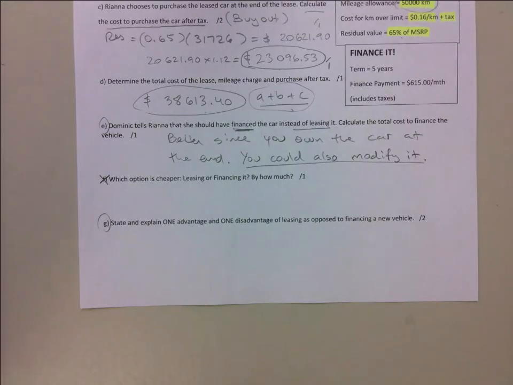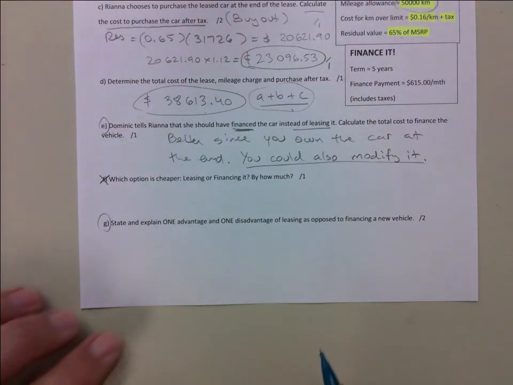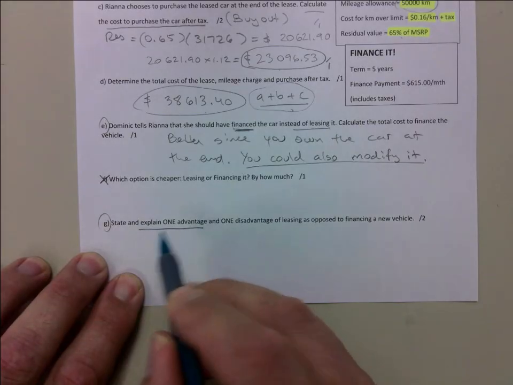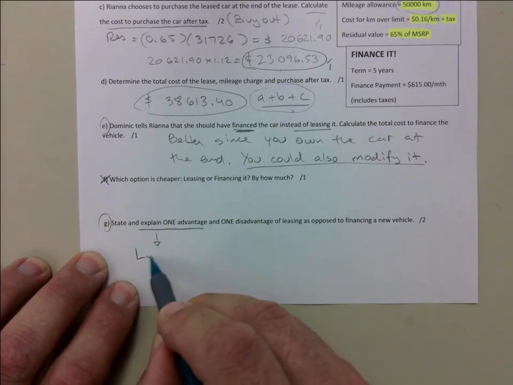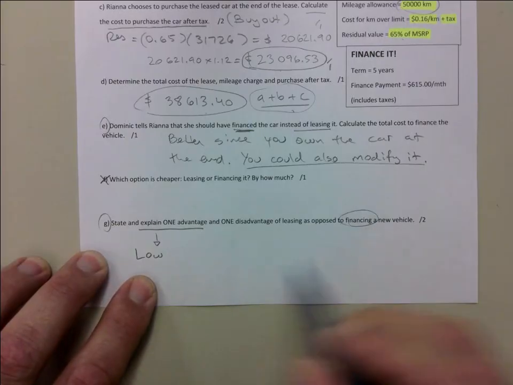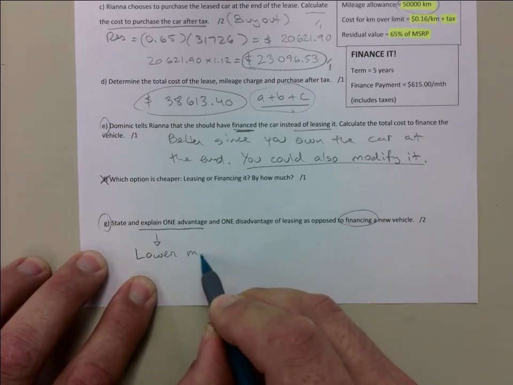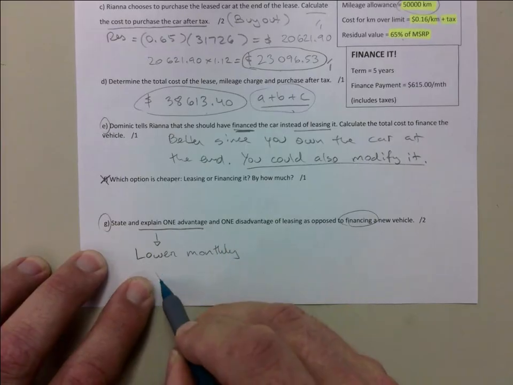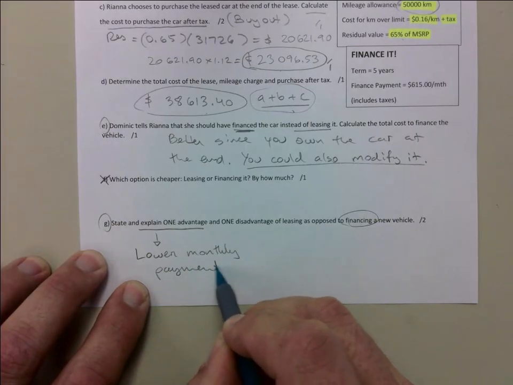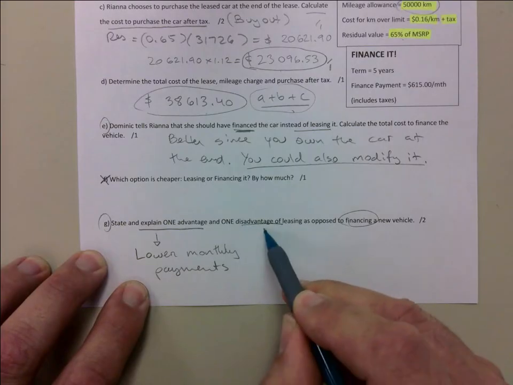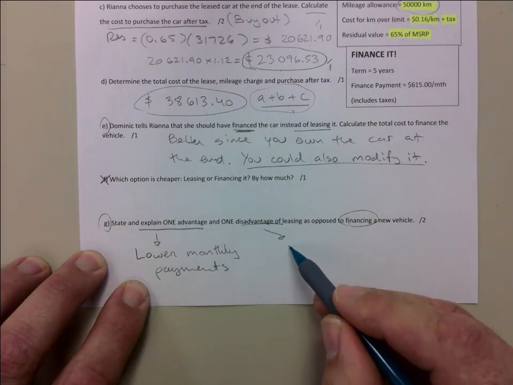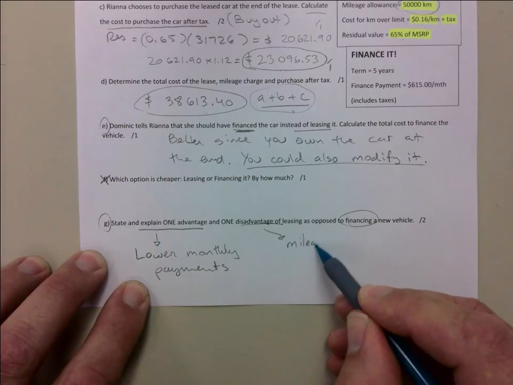G, state and explain one advantage and one disadvantage of leasing. So one advantage, I would say lower payments as opposed to financing, right? So lower monthly payments. And disadvantage, mileage restriction.